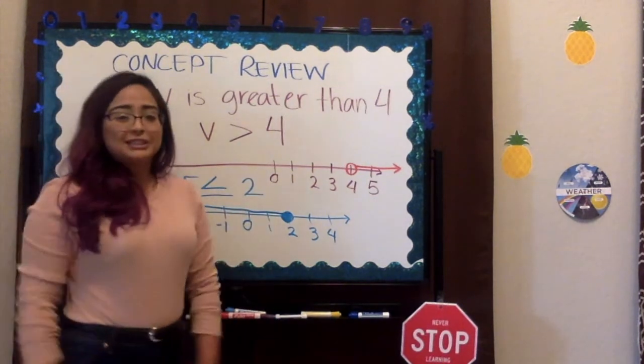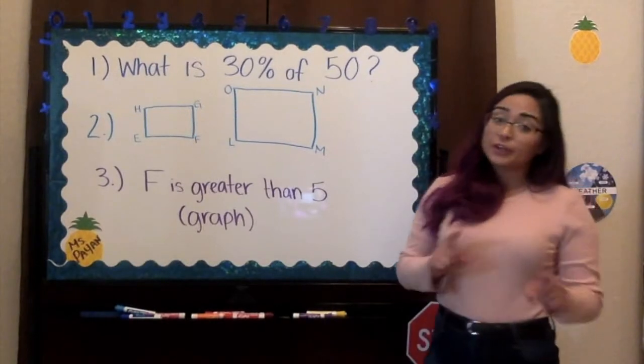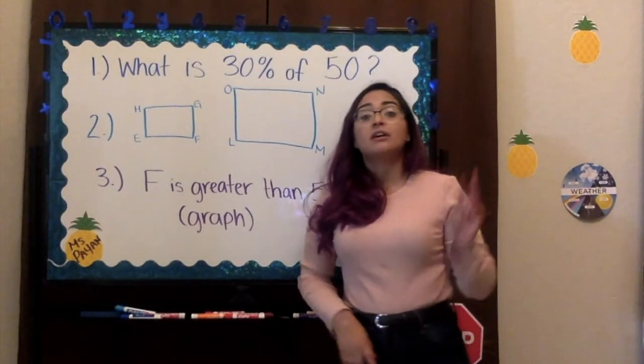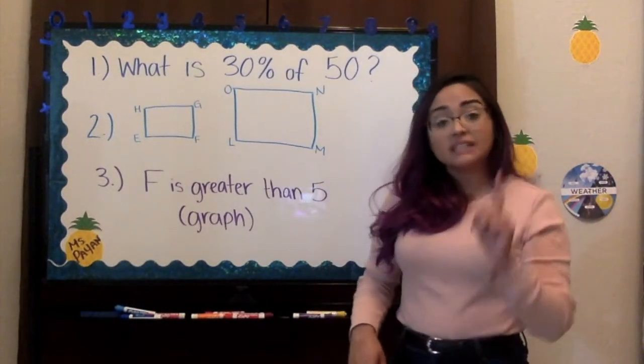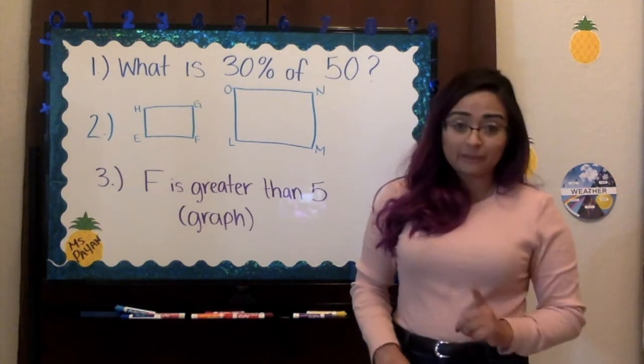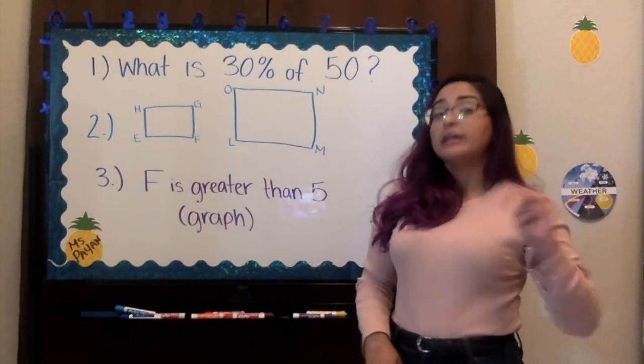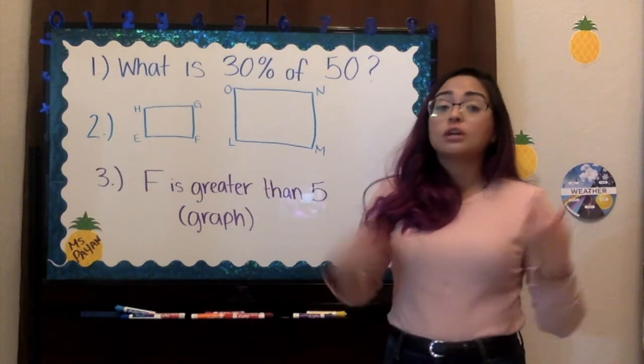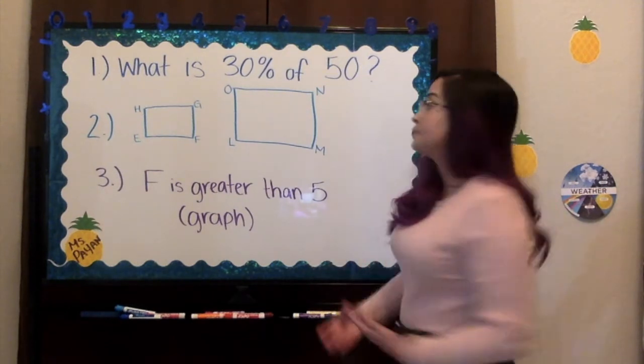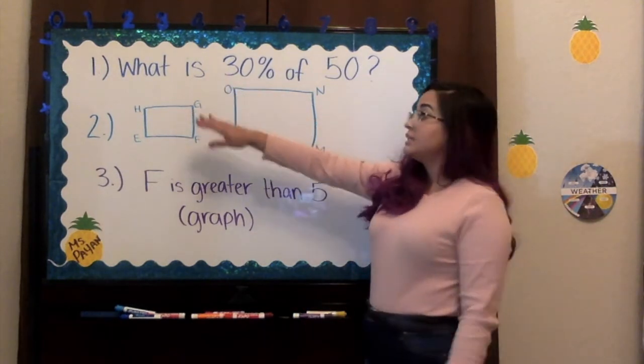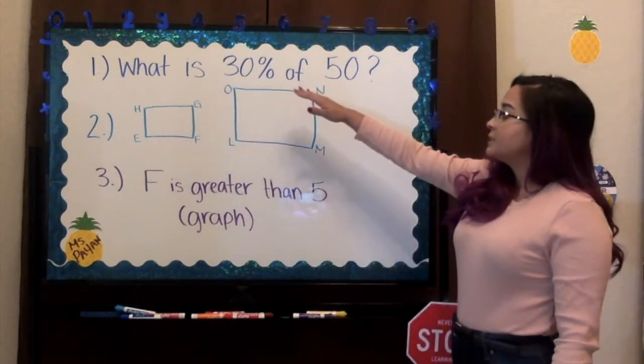Let's move on to your assignment. Very well. For your assignment today, you have one problem for each concept we reviewed today, which was 3. So you have to answer a total of 3 math problems. First is, what is 30% of 50?